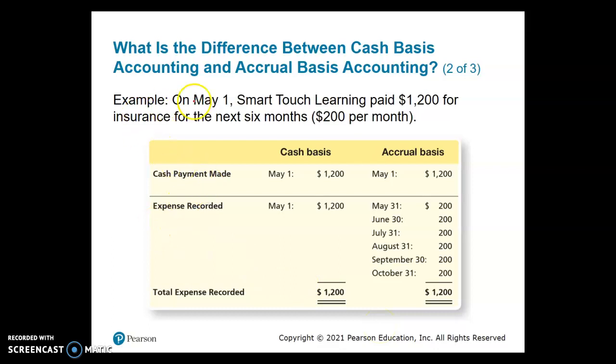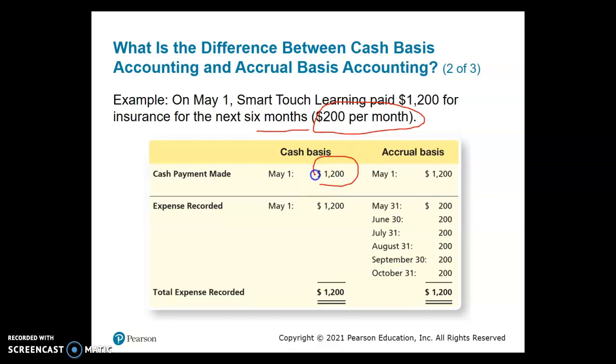So on May 1, Smart Touch Learning paid $1,200 for insurance for the next 6 months. So if it's 6 months and the total was $1,200, that comes out to $200 a month. If the company used cash basis, the initial cash outflow was $1,200.